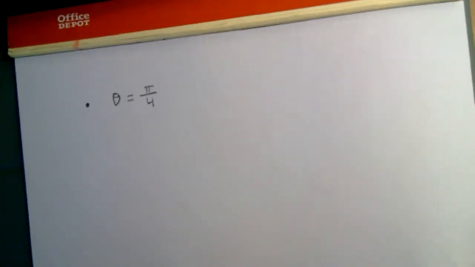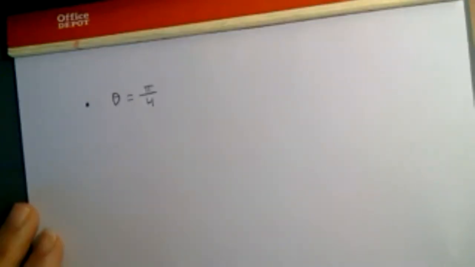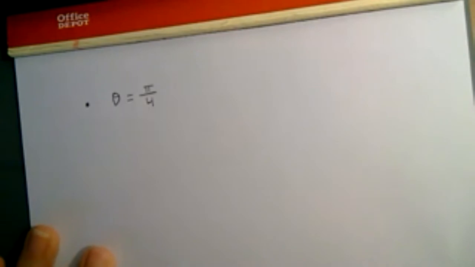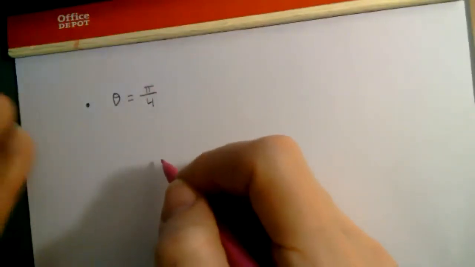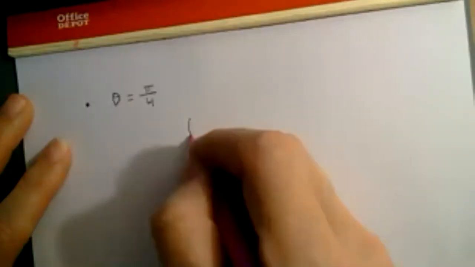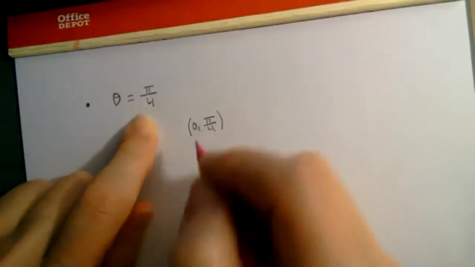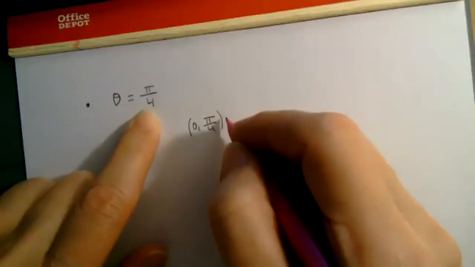All right. Who would like to pitch in? And what's the difference between this and the previous one? Let us take some points. So 0, pi over 4, that's a point because that's the only restriction I have on the point. I want only the theta.